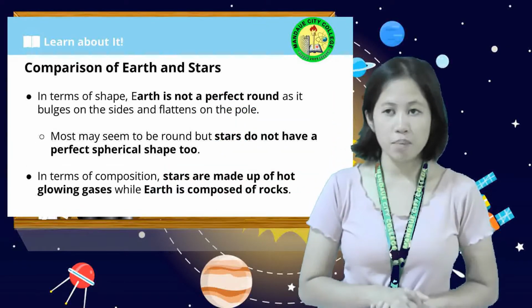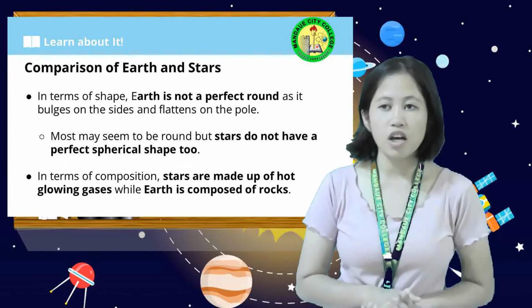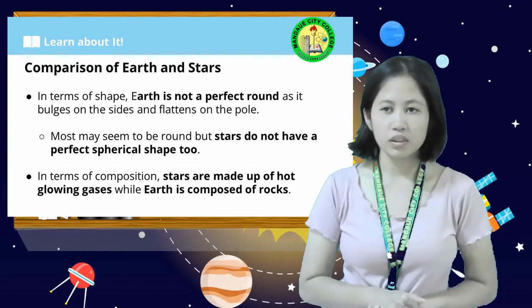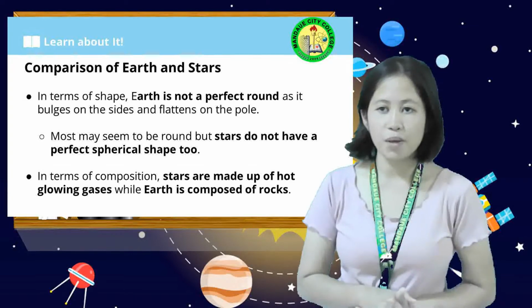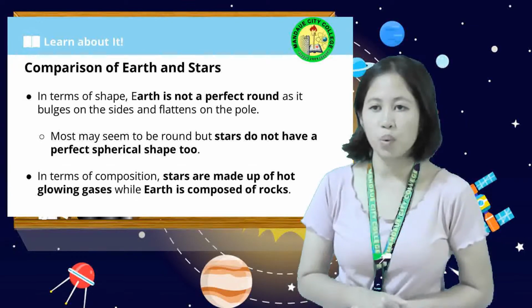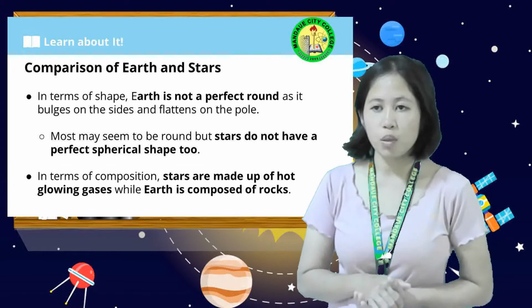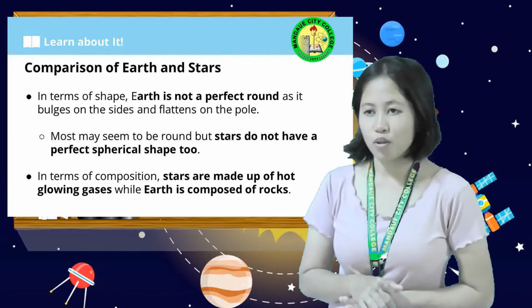In terms of shape, Earth is not perfectly round as it bulges on the side and is flattened on the pole. Most stars may seem to be round, but stars do not have a perfect spherical shape either. In terms of composition, stars are made up of hot glowing gases, while Earth is composed of rocks.